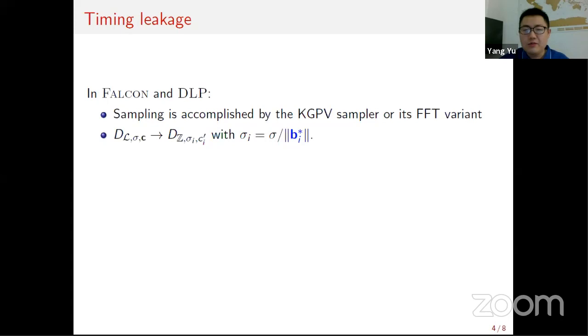In Falcon and DLP, the lattice Gaussian sampling is accomplished by the KGPV sampler or its FFT variant, in which the high-dimensional lattice Gaussian sampling is decomposed into many one-dimensional integer Gaussian samplings, and the standard deviations of those integer Gaussians are inversely proportional to the Gram-Schmidt norms of the trapdoor basis.